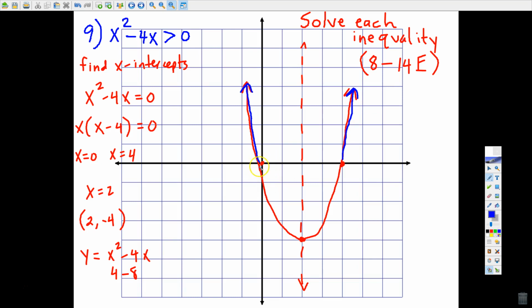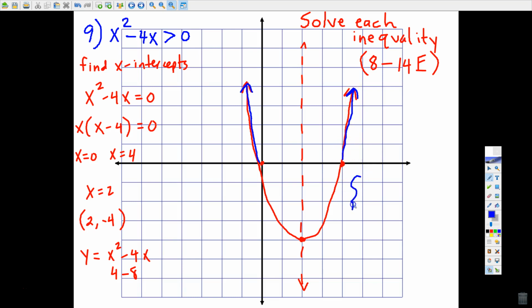Okay, so we're talking about the solutions being all of the x values that fall less than 0, because that's where this blue part that I've shaded is headed. For values of x that are less than 0, the parabola is going this way. And for values of x that are greater than 4, the same thing is happening over here.